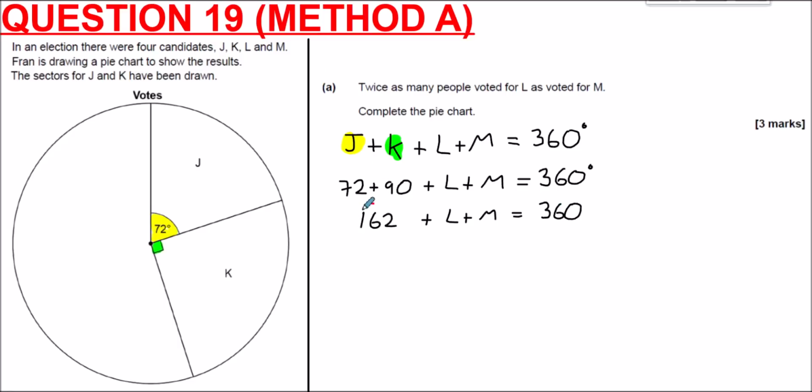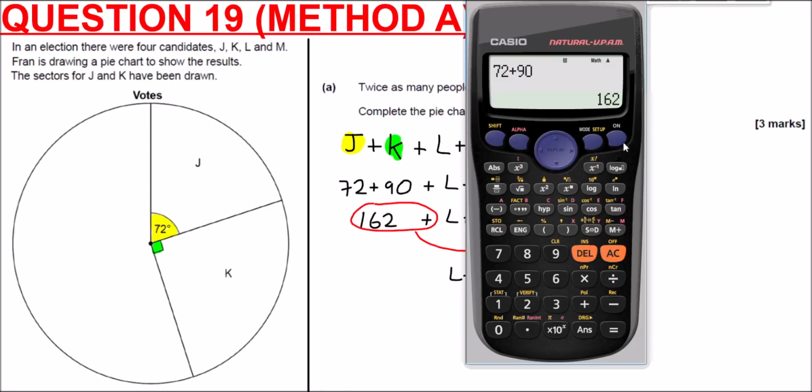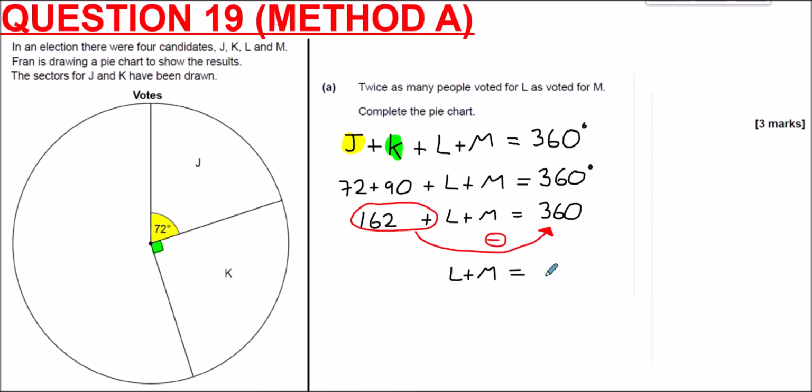So if we just subtract 162 from both sides, swap side and swap sign, if you like. That 162 here is positive. When it moves, it becomes minus. And so L and M together will equal 360 take away 162, which comes to 198.